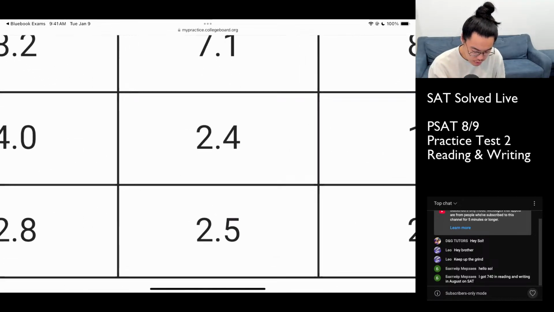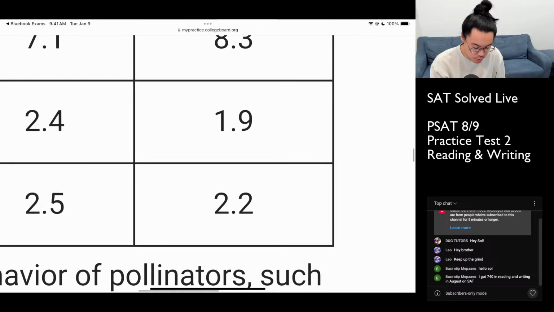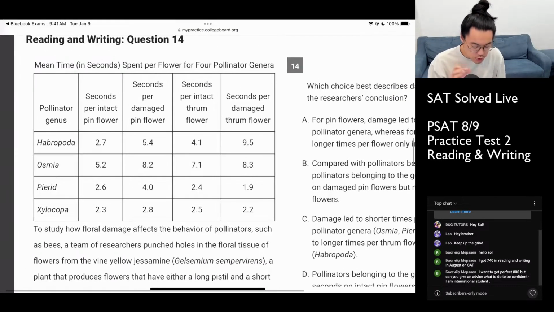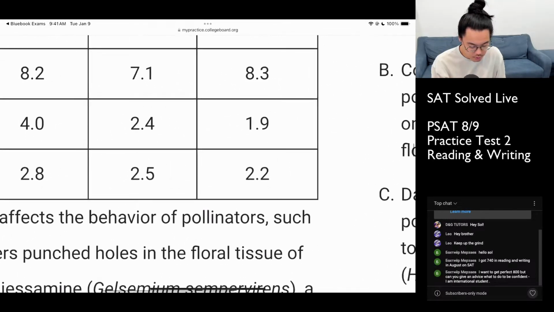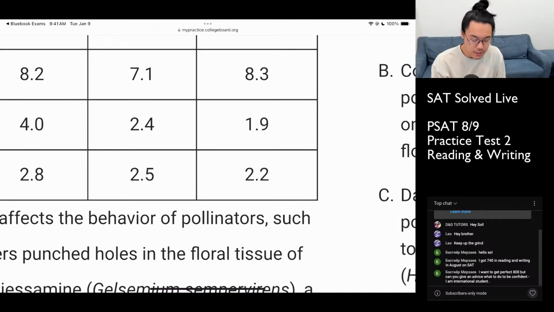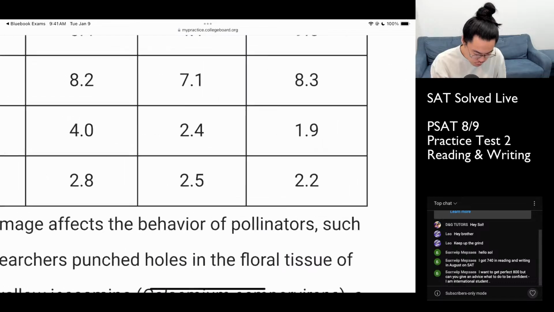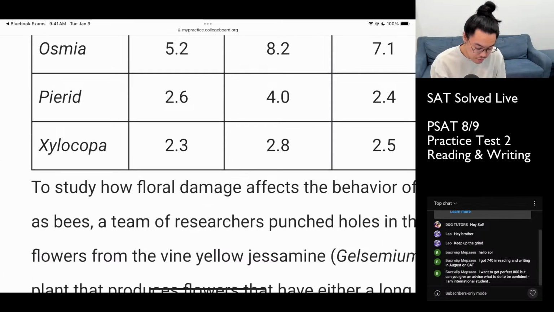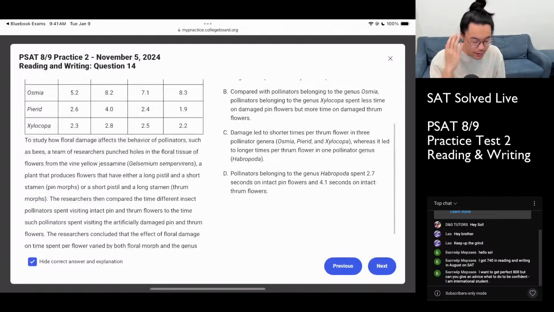Because they actually go from higher to lower, whereas these guys go from lower to higher. And what I should have done at that point is I should have also said, my prediction should then be also P and X, they go down over here, but then they go up on the pin flowers. So I had that prediction in my head.